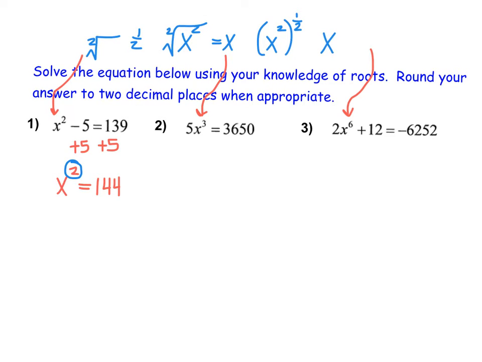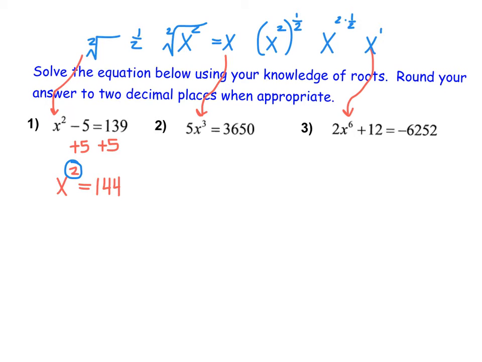So this becomes x to the power of 2 times 1/2. Well, I know that that becomes x to the power of 1. So that's why we can use roots to undo those exponents, because roots become fractional exponents, which then result in those powers being multiplied, and then the x value results in a power of 1.